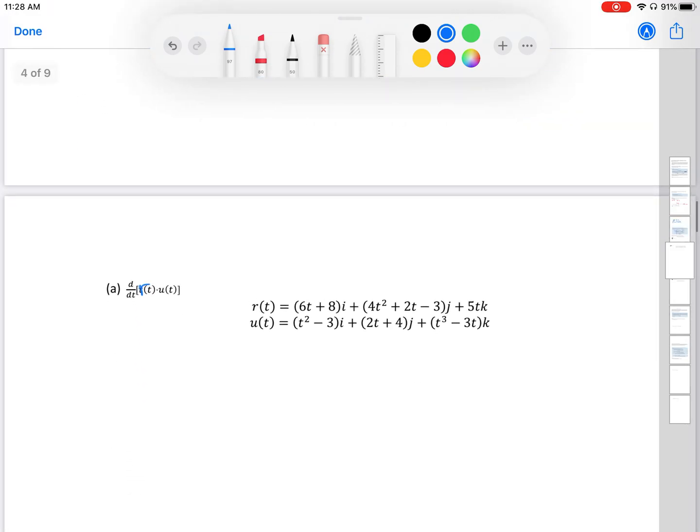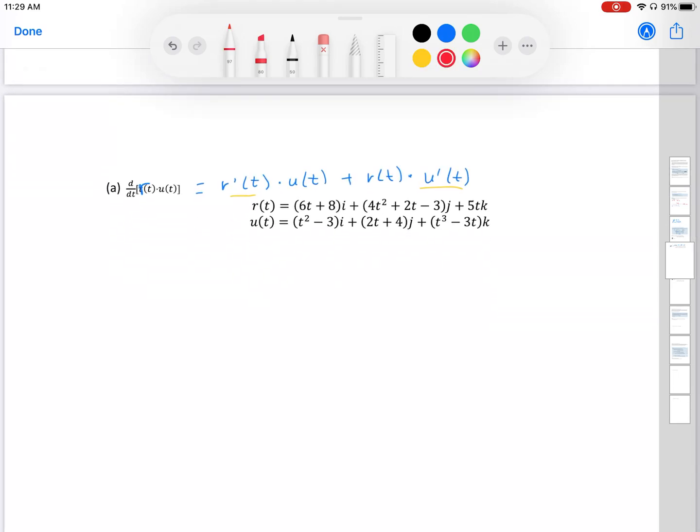So just to rewrite our definition for the dot product, we have r prime of t, your first one, dot product your second, u of t, plus the first dot product the derivative of your second, u prime of t. Now, since we're going to be using the derivatives, let's just go ahead and take those derivatives from the beginning, and then let's apply the dot product.